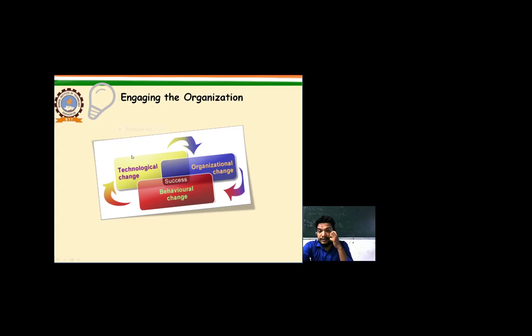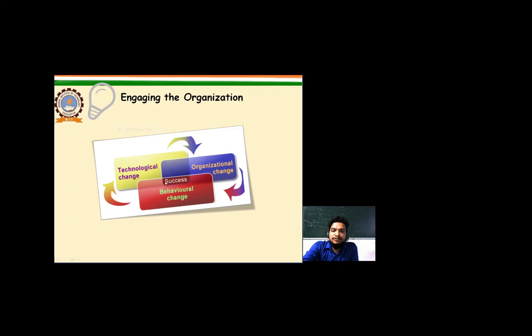Now, engaging the organization. In engaging the organization, there are several points: technological change, organizational change, as well as behavioral change. If these three terms emerge and combine, then a new word would come into existence, and that word would be success.